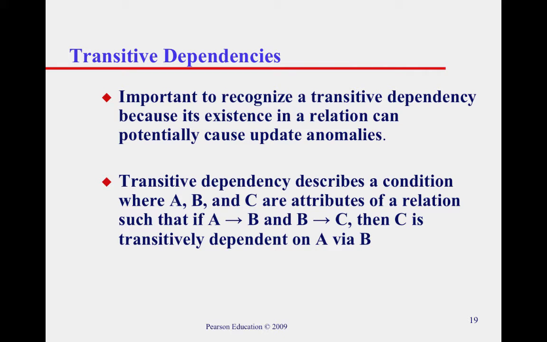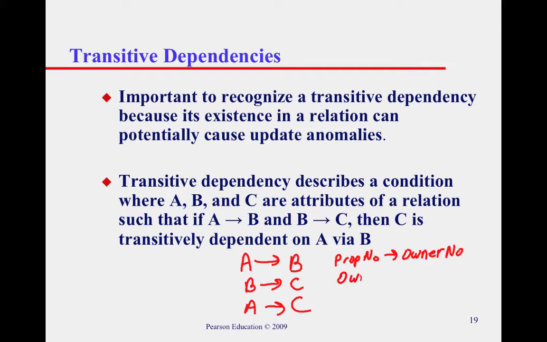Okay. Then there's also something called a transitive dependency. And you should all be familiar with those. So if A determines B and B determines C, then A determines C. Okay, so an example might be that a property number determines an owner's number, and an owner number determines the owner's name.